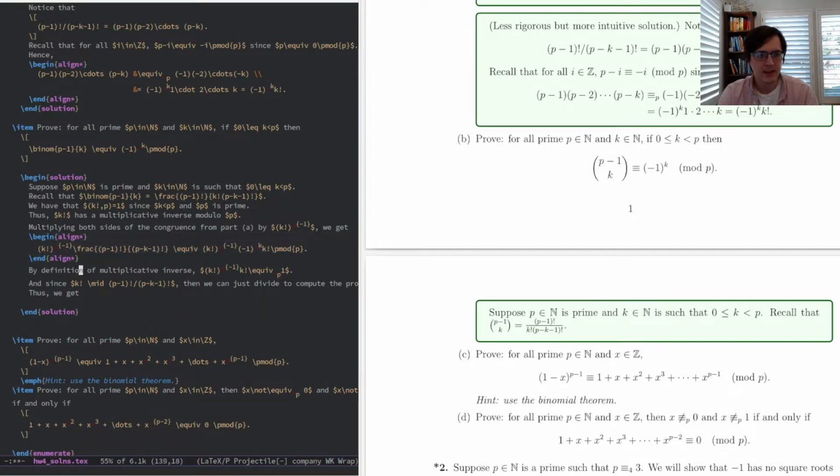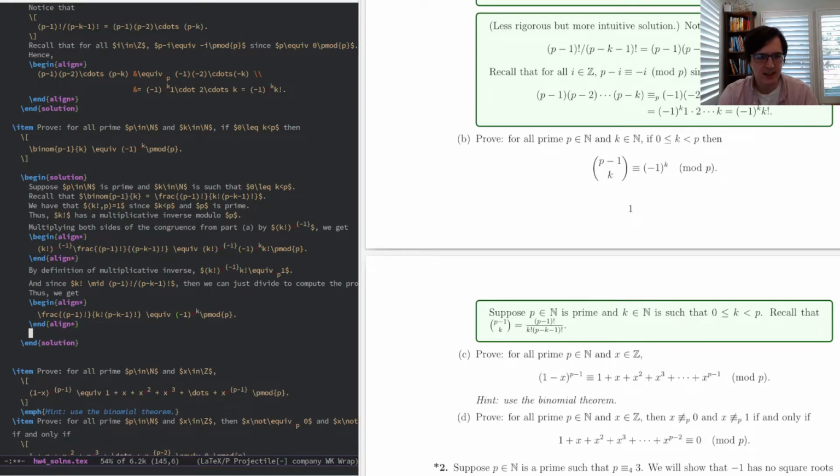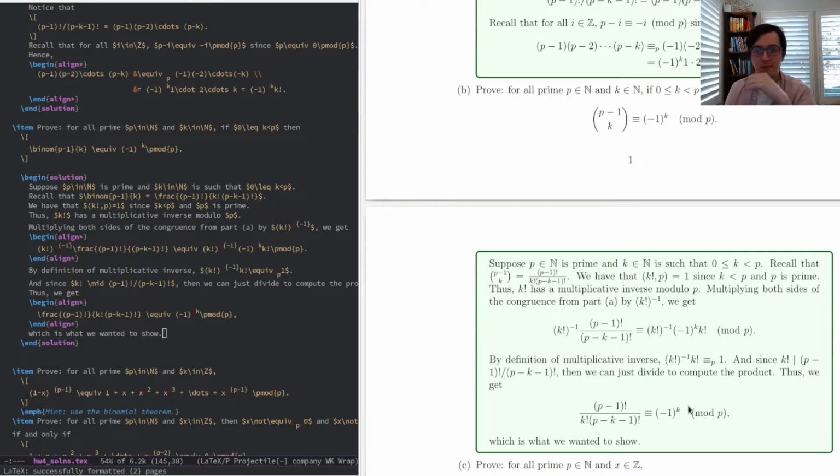Okay, so then, simplifying that, we get k factorial on the bottom, and then the k factorial and k factorial inverse cancel out, and then that's what we wanted to show. Yeah, so that's one way we can argue this. Okay, well, it's done.